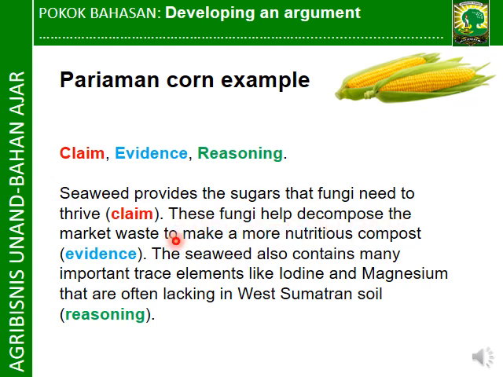The evidence is these fungi help decompose the market waste to make a more nutritious compost. And then the reasoning is that seaweed also contains many important trace elements like iodine and magnesium that are often lacking in West Sumatran soil.